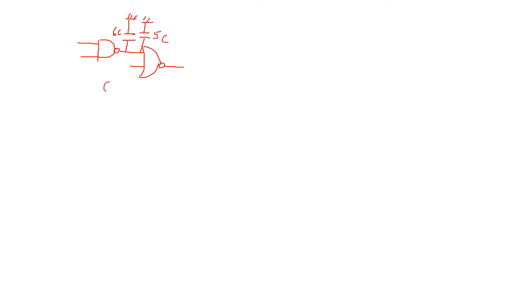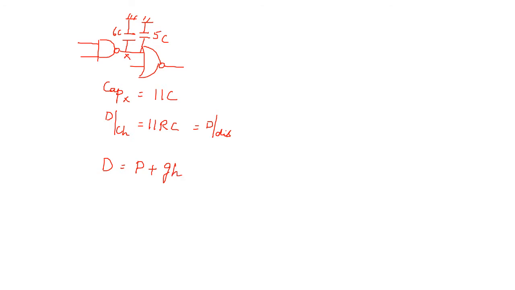Therefore, the effective capacitance at this point X is equal to 11C. So we can write the delay while charging the capacitor at node X as 11 RC, and that equals the delay while discharging. This can again be expressed as D equals P plus GH.